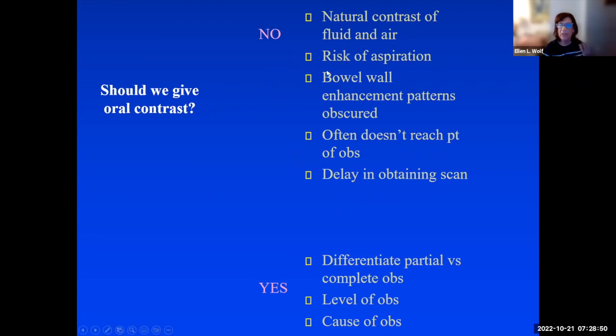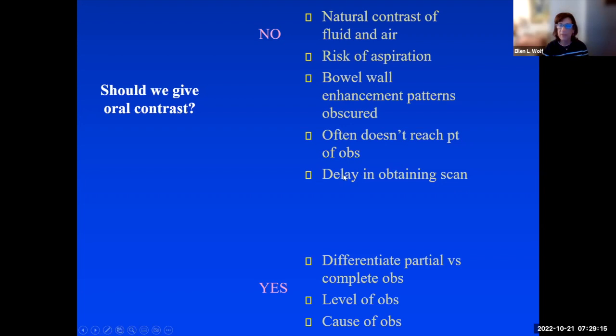If you're giving these patients who are already vomiting a lot of contrast to drink, there's a risk of aspiration. If you give oral contrast, it can obscure abnormal bowel wall enhancement patterns or normal bowel wall enhancement patterns as well. If you give oral contrast, it may not even reach the point of obstruction unless you wait for a long time. And there's a delay in obtaining the scan.